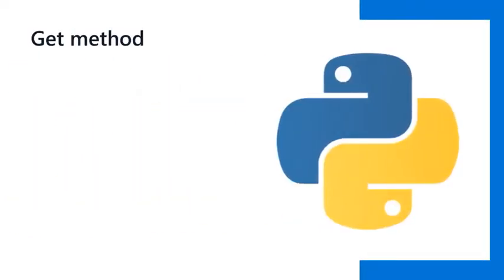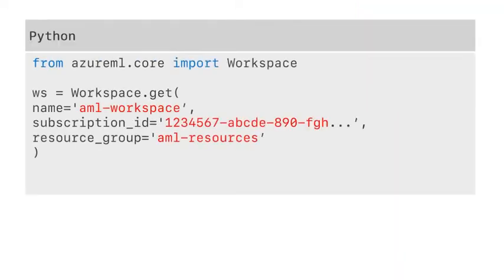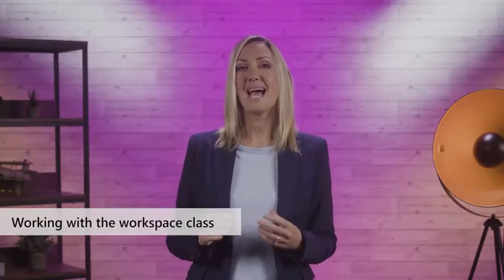As an alternative to using a configuration file, you can use the get method of the workspace class, which explicitly specifies subscription, resource group, and workspace details. However, the configuration file technique is generally preferred due to its greater flexibility when using multiple scripts. Whichever technique you use, if there is no current active session with your Azure subscription, you will be prompted to authenticate.